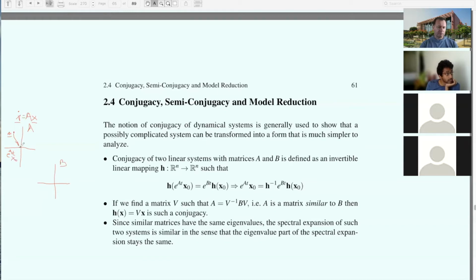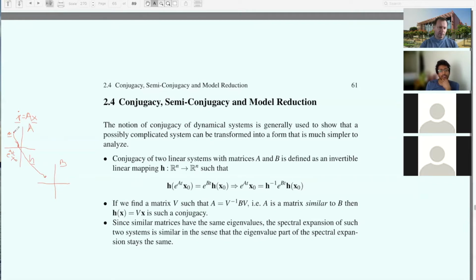So let's do two maps. This one, starting from this point under H. H is a mapping that takes any point in this space to some point in this space.